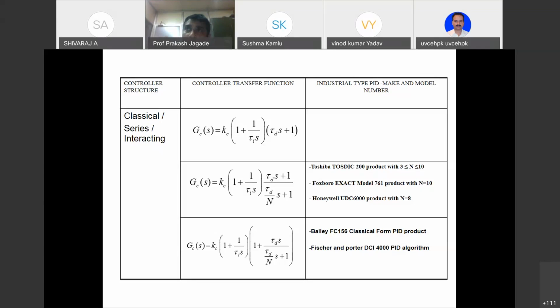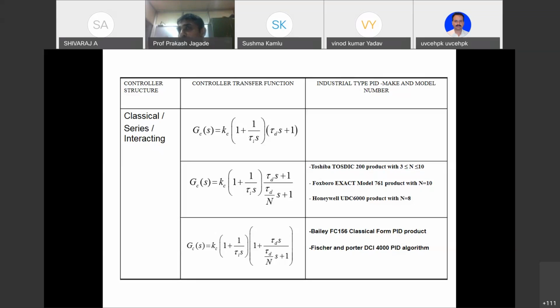This is very, very important. There are various forms of PID controller and various types of transfer functions realized in industrial PID, which we have to discuss in the UG course itself. Because later, when they join a company, without knowing the type of transfer function, they will not be able to tune the controller properly.